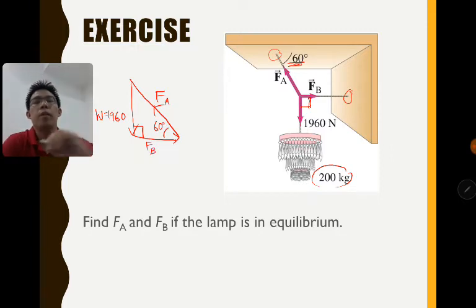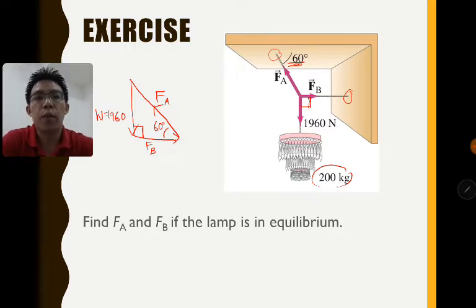Because it's a right angle triangle, we can apply the trigonometric rules very easily. For example, FA actually is the hypotenuse of this triangle, so therefore W is the component of the hypotenuse that is opposite to the angle.